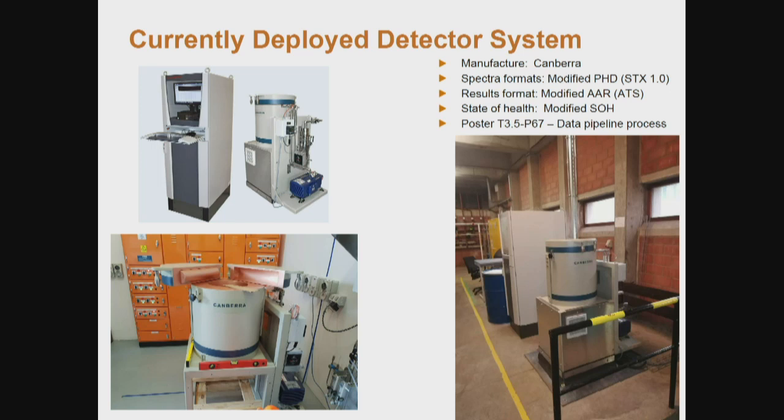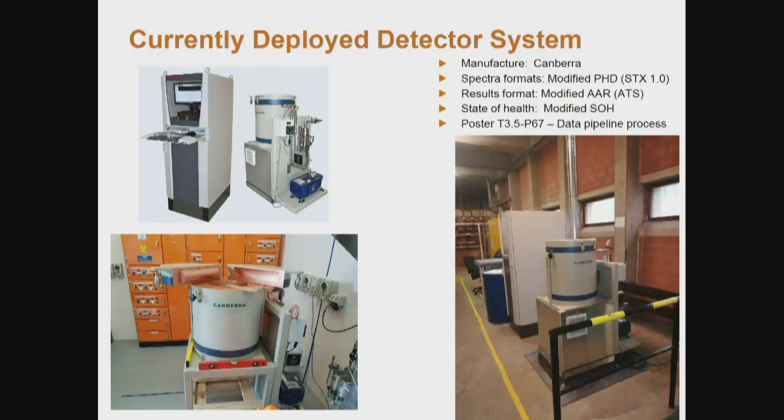The spectral format that we're using, I'm calling it STX 1.0. It's very similar to the IMS 2.0 spectral format. It's slightly modified because some of the headers are slightly different for a stack monitoring system. The result is basically a modified ARR, very similar to that.